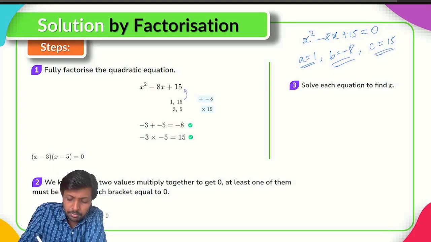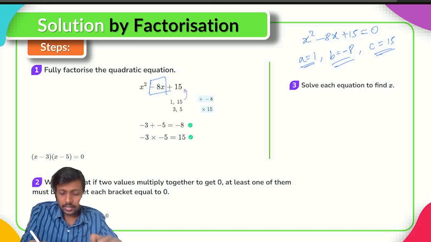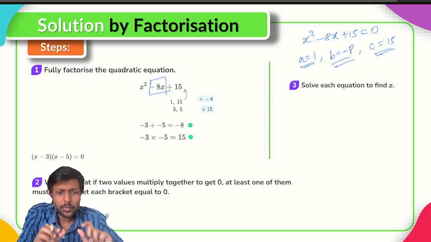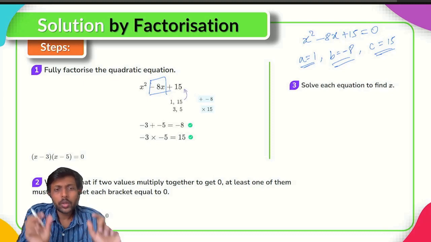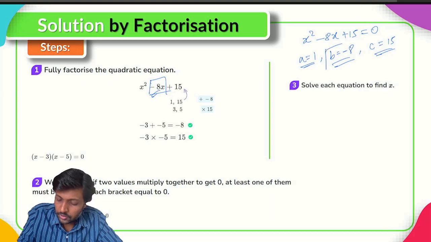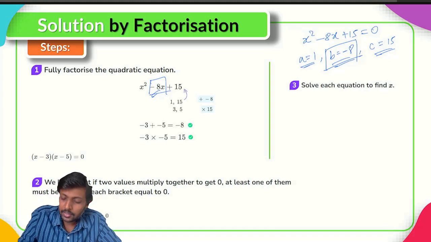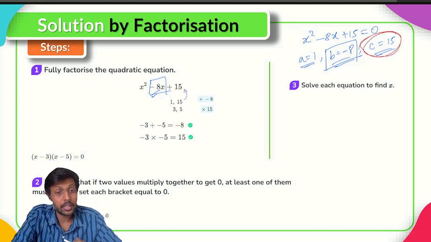Now, we want to split the middle term. We have to split it in a certain way so that the two numbers that we get after splitting, when we add them, I should get minus 8. And when I multiply those two numbers, I should get the constant term, which is 15.